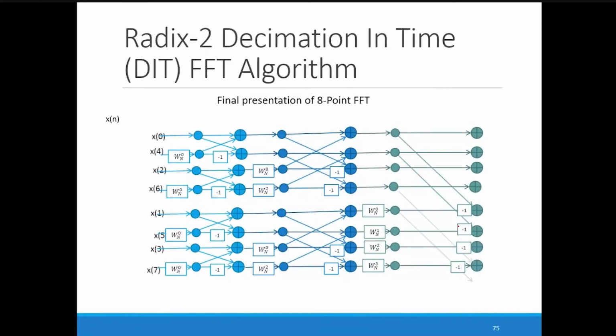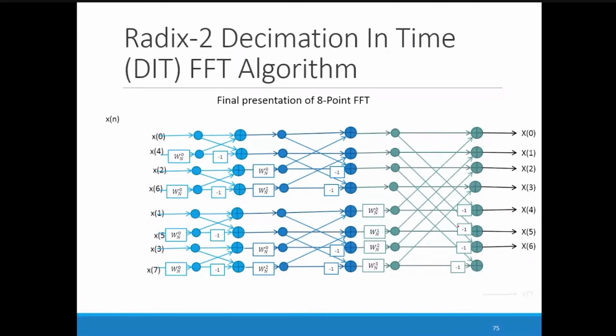So we get x0, x1, x2, x3 and x4, x5, x6, x7. This is a complete diagram of the radix-2 decimation in time DIT FFT algorithm for the 8-point DFT.